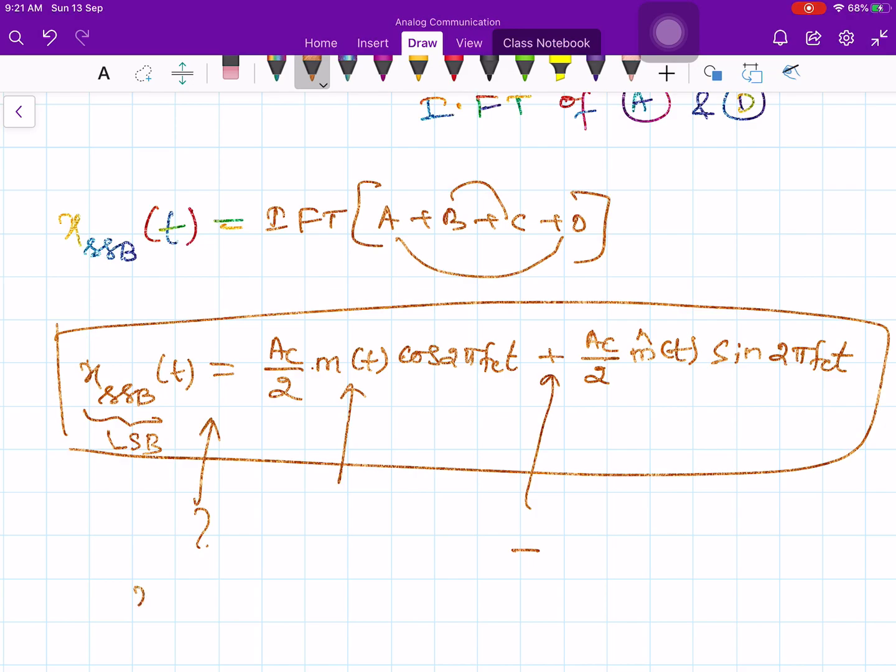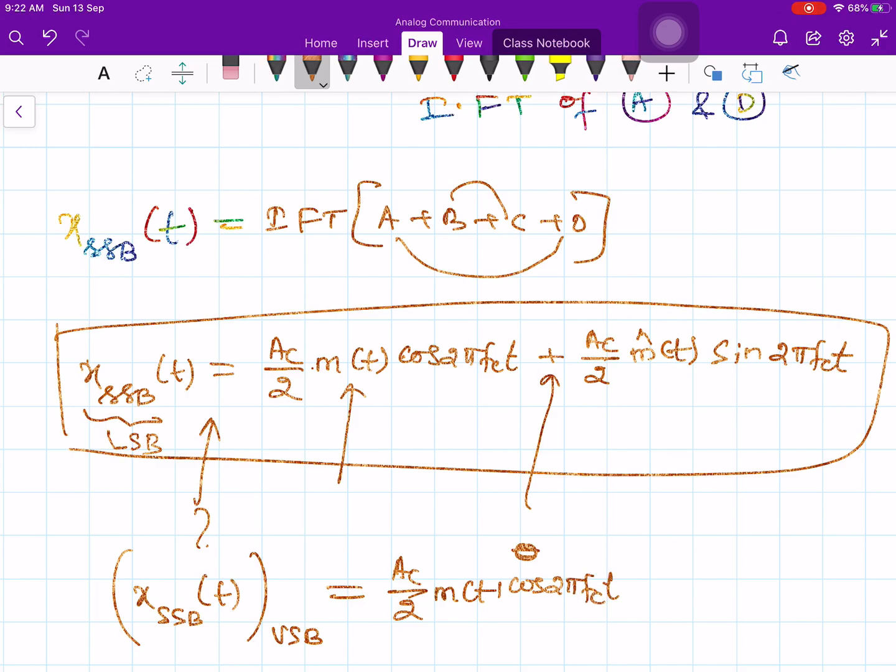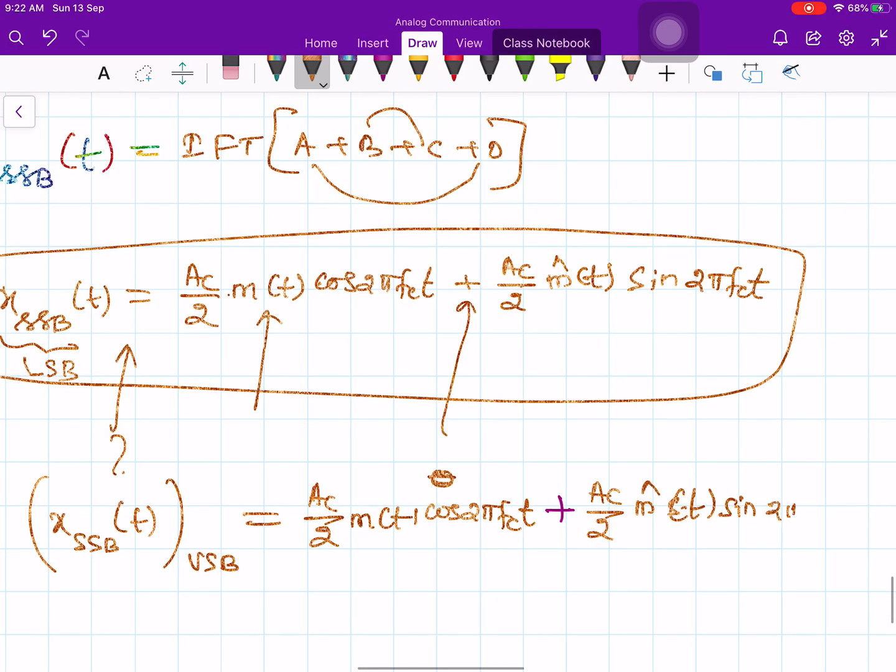If you want x SSB of t for upper sideband, this is equal to the same expression, AC by 2 m of t cos of 2 pi fct plus AC by 2 m cap of t sin of 2 pi fct.